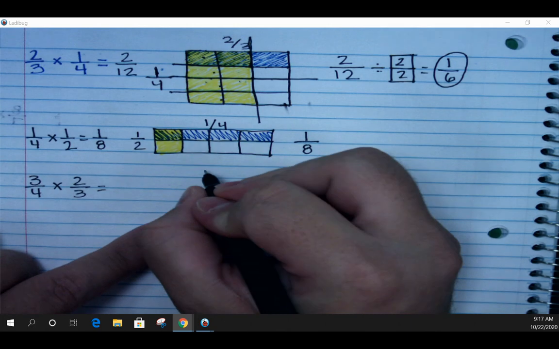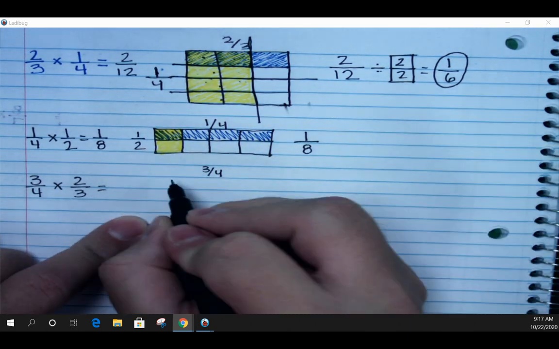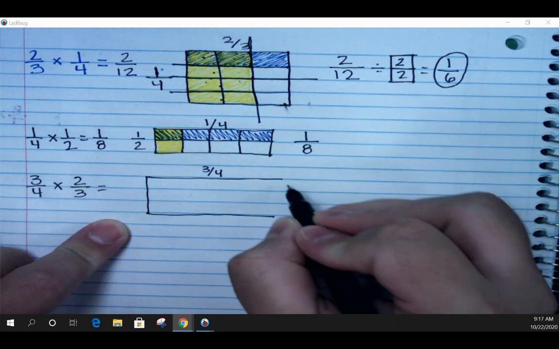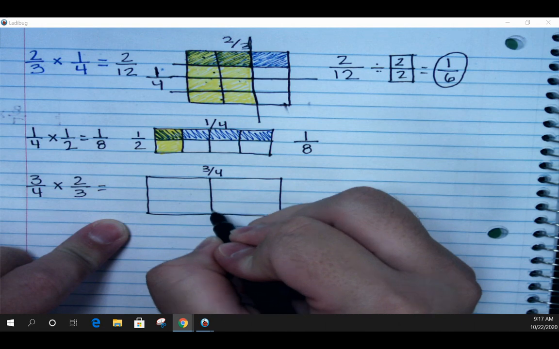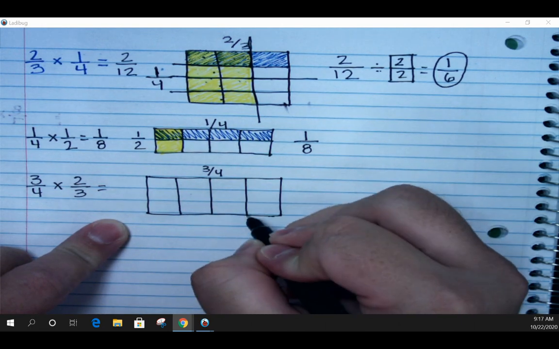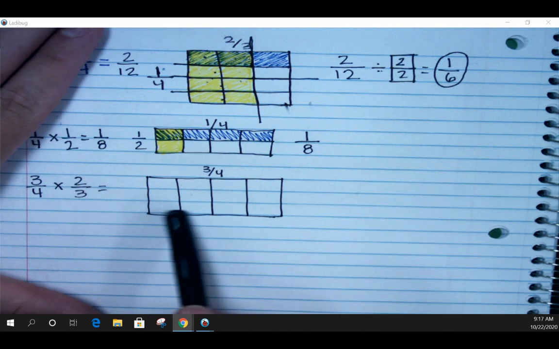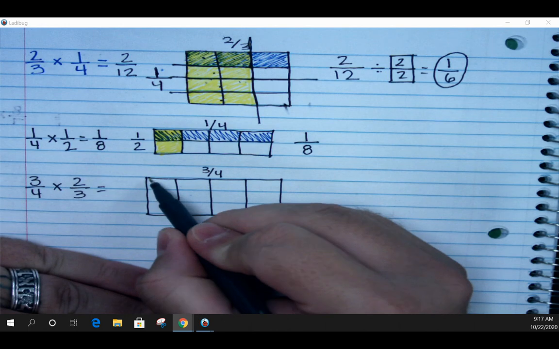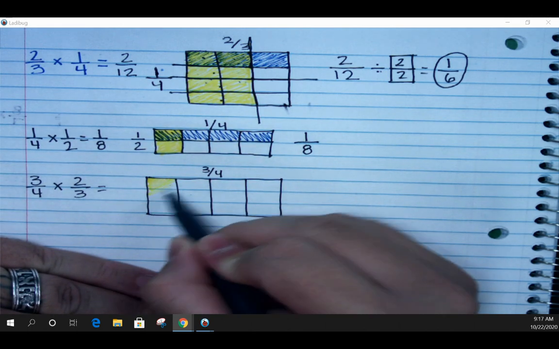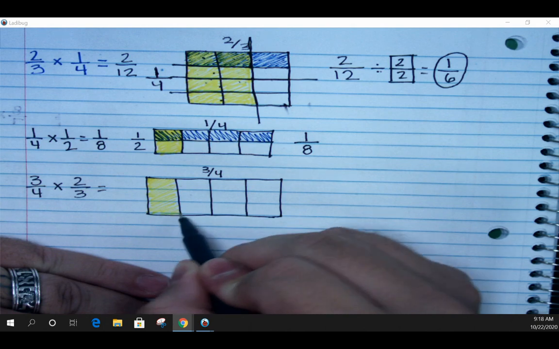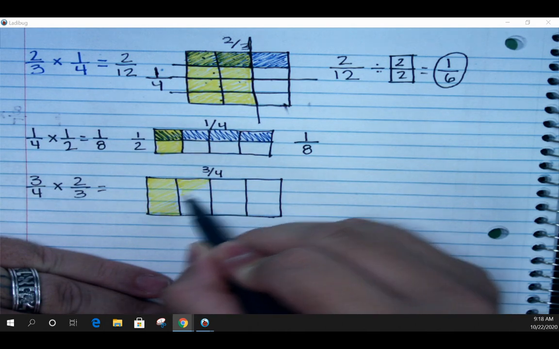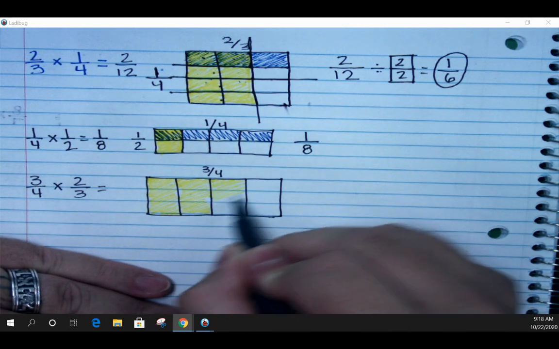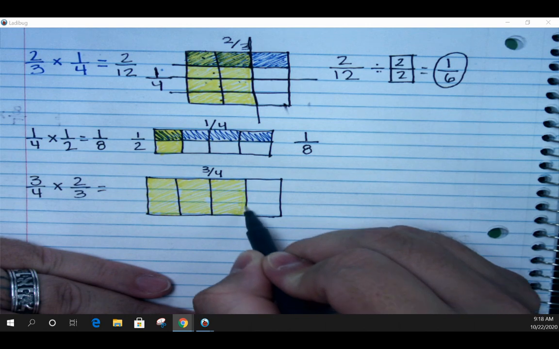So across the top, we'll do 3/4. Cut it in half again. Now, how many of those columns, these are columns up and down, how many columns am I going to have to color? 3 out of the 4. 1, 2, 3.